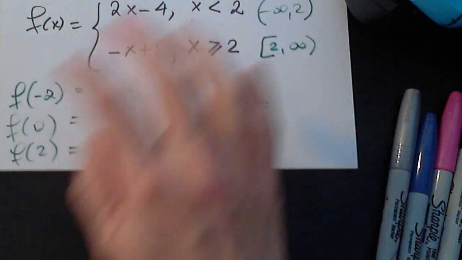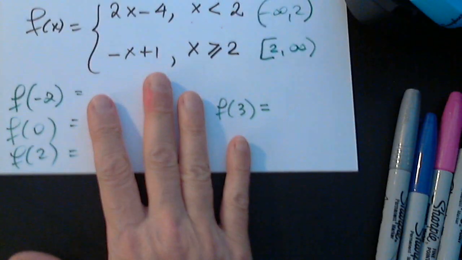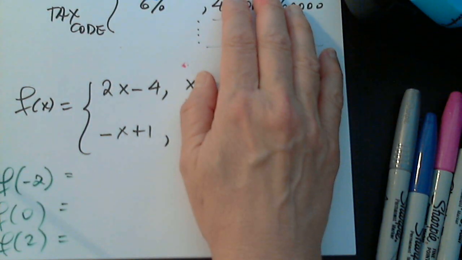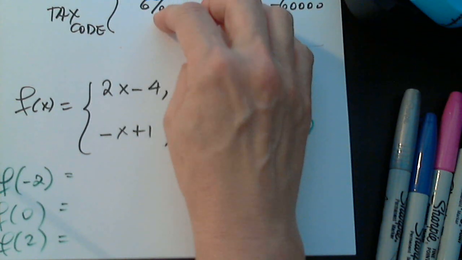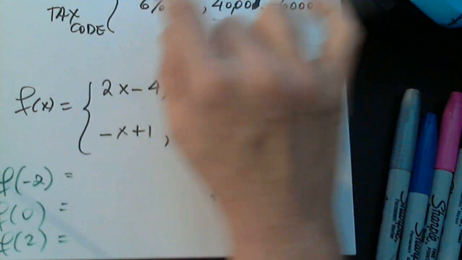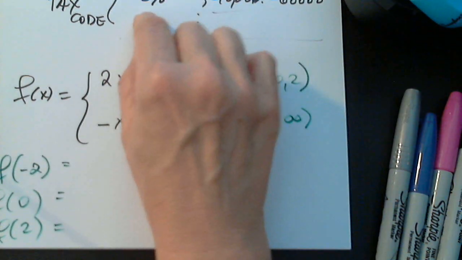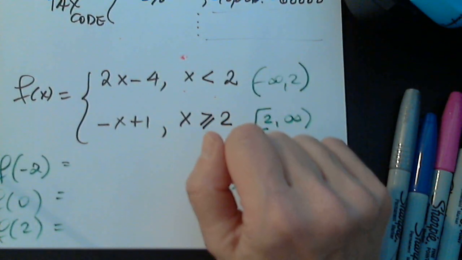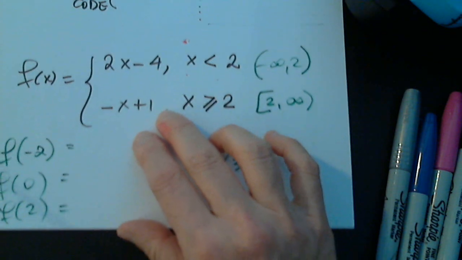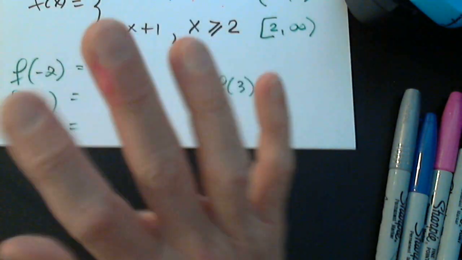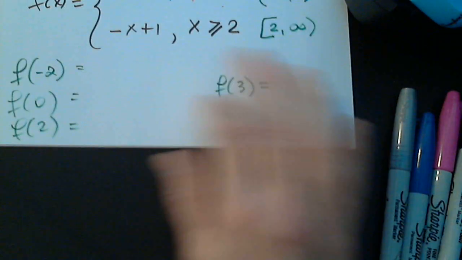So the 2 pieces cannot overlap. It's like taxes: you cannot pay 5 and 6%. You pay 5 only from here till here, 6% only from here till here, 8%, and so on. They have no overlapping.